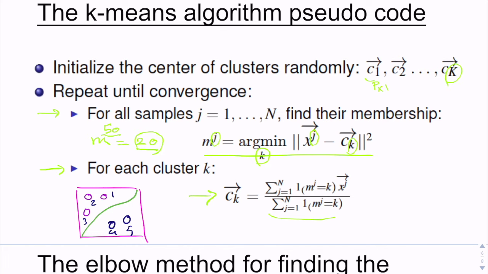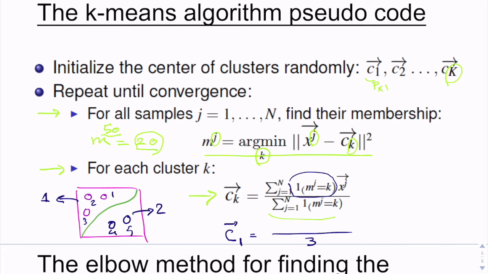Let's call this one cluster number 1, and this one cluster number 2. If I want to find the center of cluster number 1, how many samples do I have in cluster 1? 3, so the denominator is 3. This indicator is a function saying that if sample j belongs to cluster 1, this is equal to 1, otherwise it is 0.